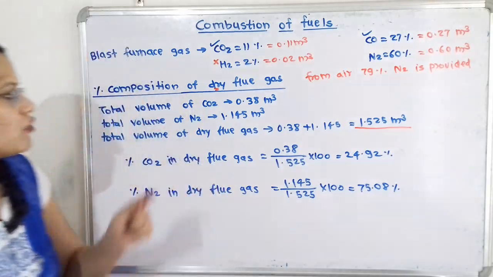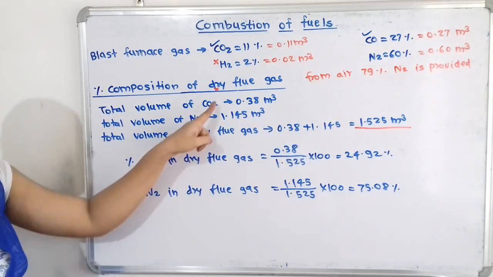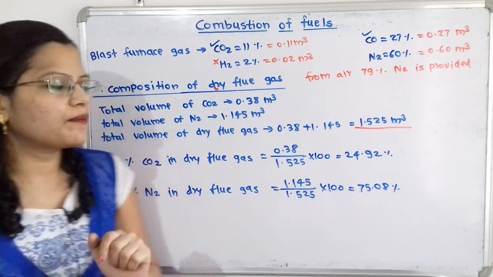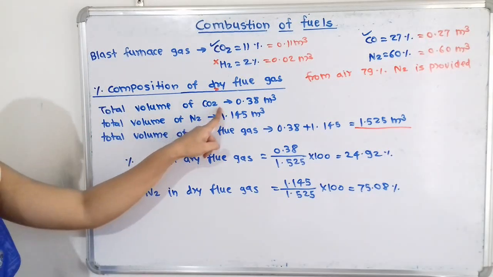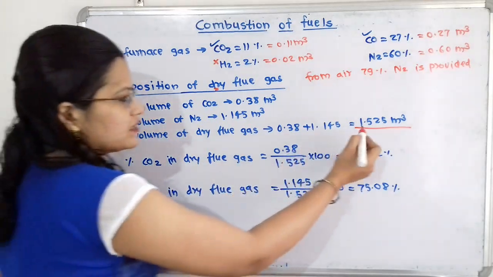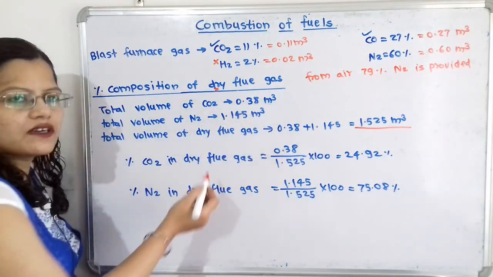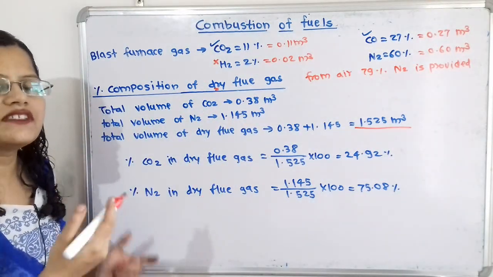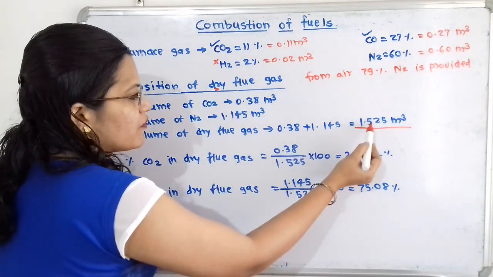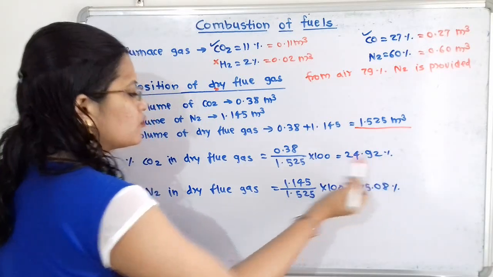Now we have to find the percentage composition. This dry flue gas is nothing but the addition of carbon dioxide and nitrogen. What is the percentage of carbon dioxide present in dry flue gas? Out of this 1.525 meter cube, CO2 is 0.38. So we have to convert this into percentage. We take the ratio 0.38 by 1.525 multiplied by 100, which is equal to 24.92%.